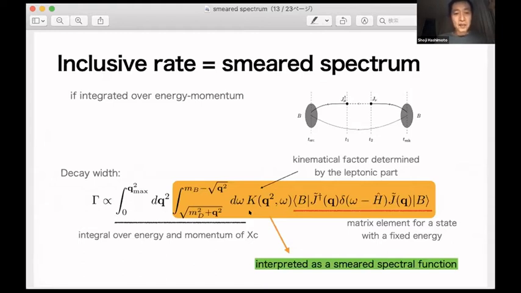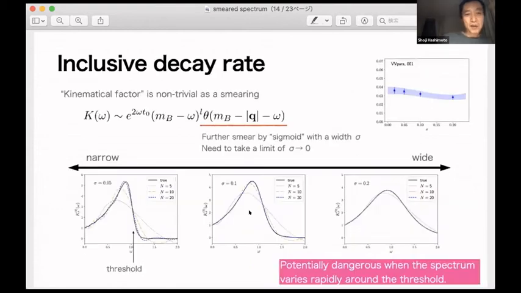The kinematical factor is the smearing function, and this is a particular form of the kinematical factor that we have to introduce. You can trust me that there is a kinematical factor, but the important thing is that there is a Heaviside theta function that drops off to 0 because of the kinematical constraint.